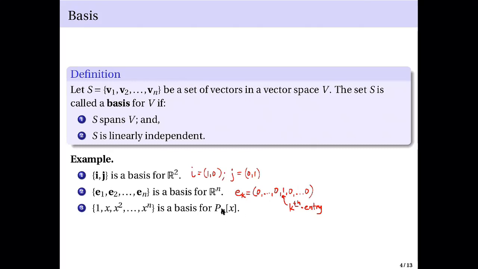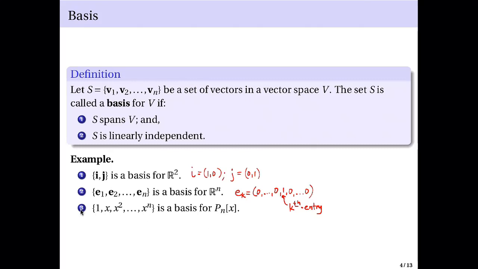For Pn, 1, x, x squared until x^n, this is also a basis for Pn. So we have shown that this set spans this vector space because every element of your Pn is just a linear combination of all of these. And in the previous lecture, we said that this is a linearly independent set.